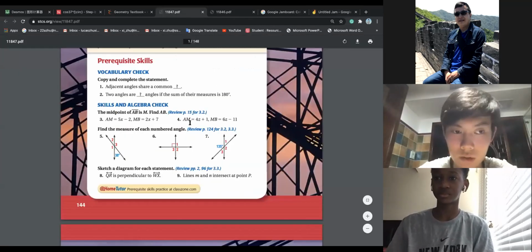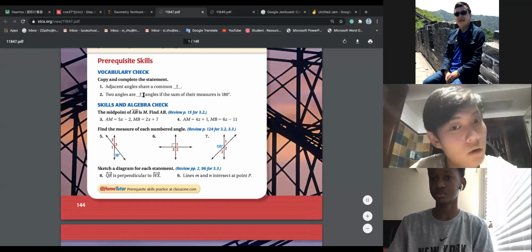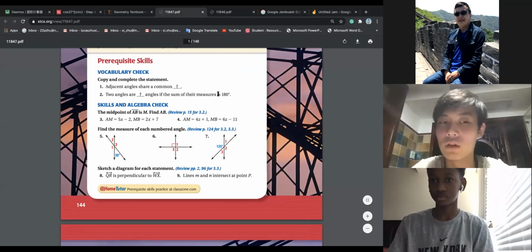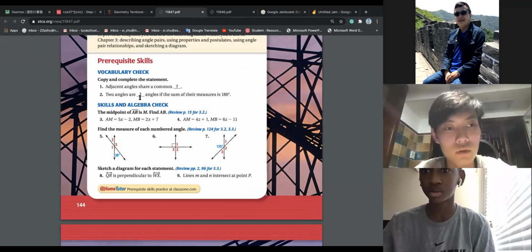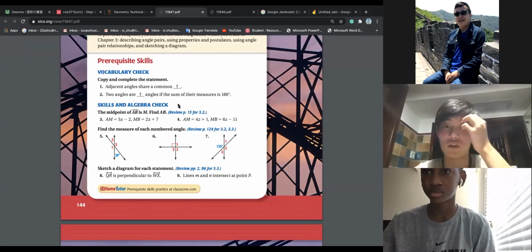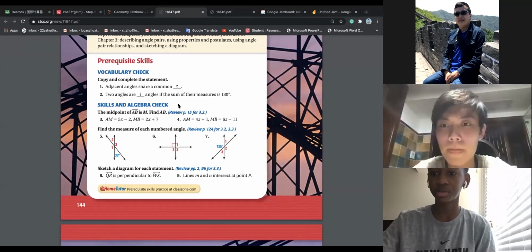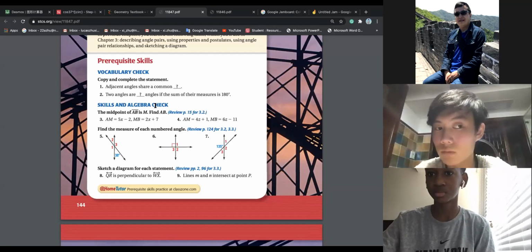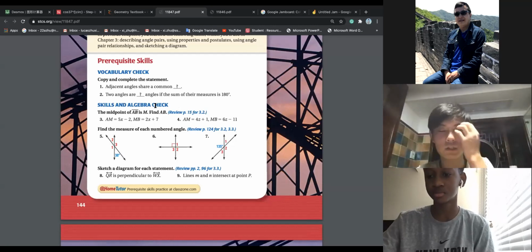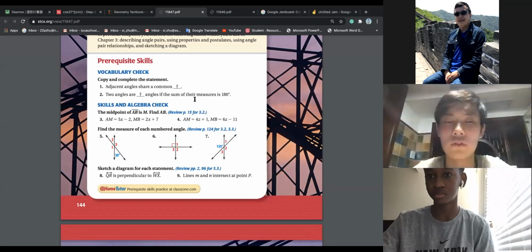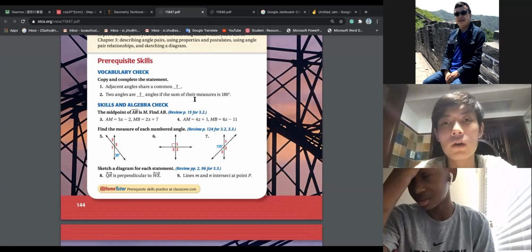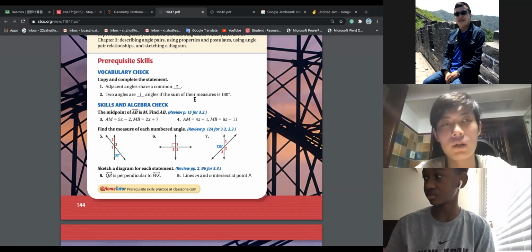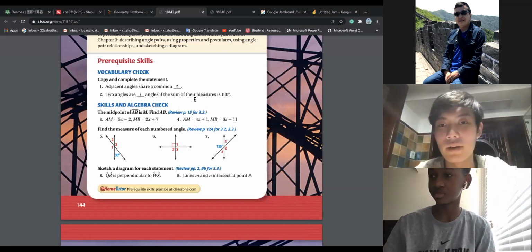And two angles are what angles if the sum of their measures is 180? 90 degrees. No, it's asking, there's a name for this. If two angles add up to 180, what do you call them? There's a name for it. We did this a couple weeks ago.